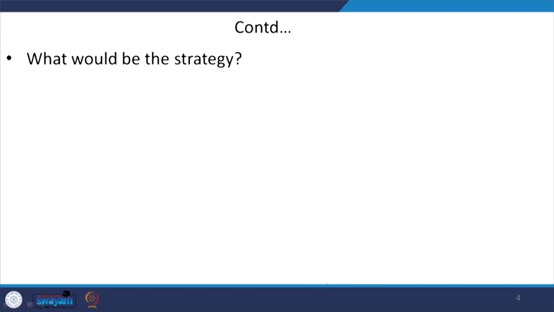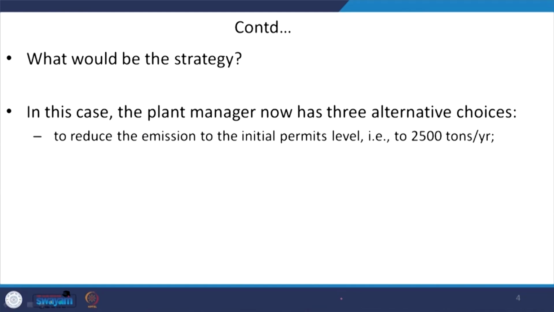Now the question is, what strategies need to be adopted by the particular industry here? This power plant manager would be thinking about some alternatives. What are the alternative choices available in this situation? The power plant is right now producing 5,000 tons of emissions per year, and the government has permitted 2,500 tons per year.